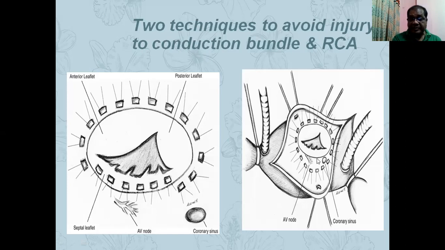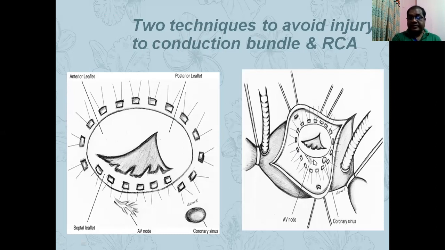And sometimes it's not possible to get enough space between the AV node and the bundle of His and the annulus of the tricuspid valve. In that case, we may go away from the true annulus to the atrial wall by placing stitches, and put the tricuspid valve there, so that the AV node, bundle of His, and the coronary sinus go inside the right ventricle.